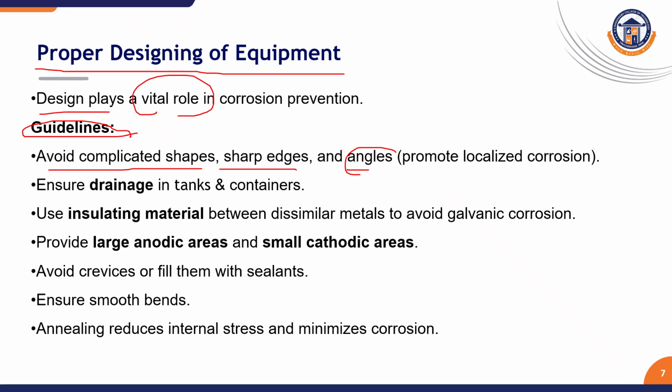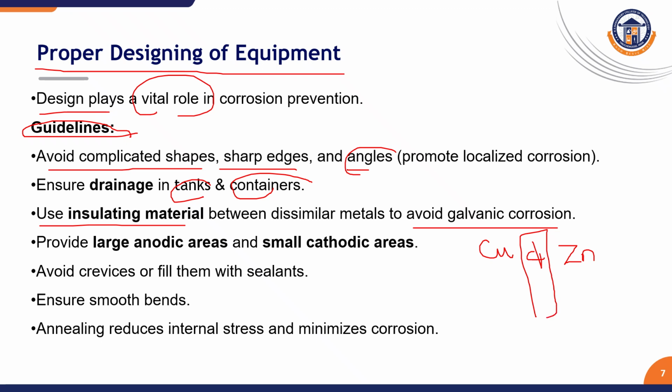Ensure that there is no leak in any tanks or containers, because the water present there will also lead to corrosion of the metal. Use insulating material between dissimilar metals to avoid galvanic corrosion. If we are using copper and zinc, we should place some material in between them, so that it prevents galvanic corrosion.